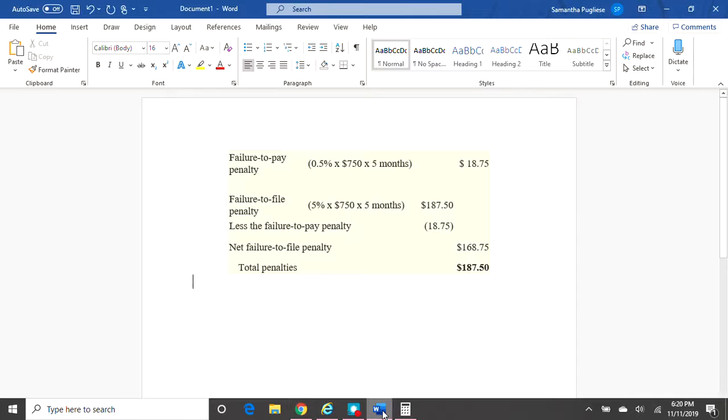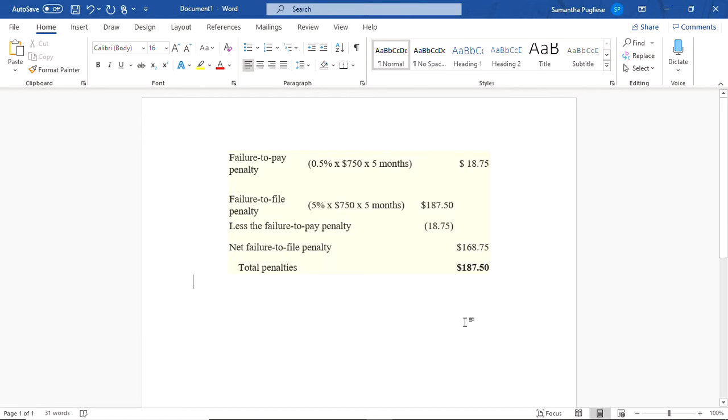So it's going to look just like this. In the problem, they told us that she filed it 4.5 months late. So also looking at the way the problem is set up on page 12-12, this is the same exact thing. I set it up the same way.